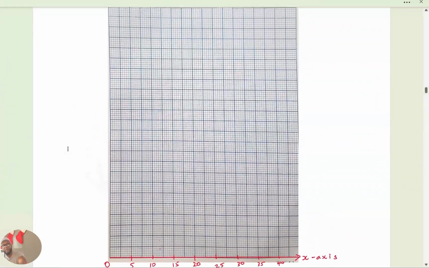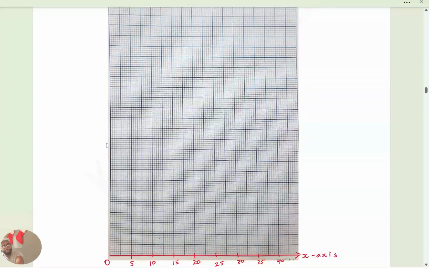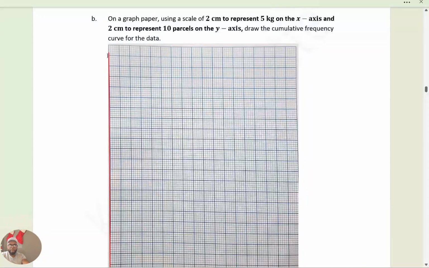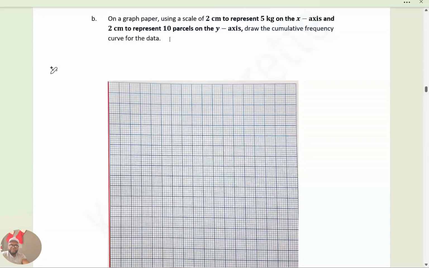And let's go to our y-axis now. I think I should make a space here.